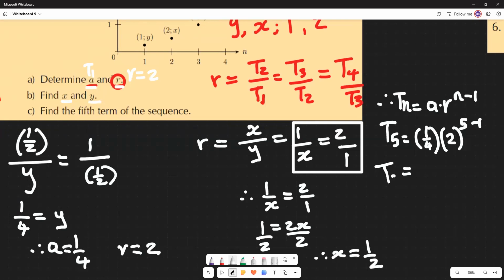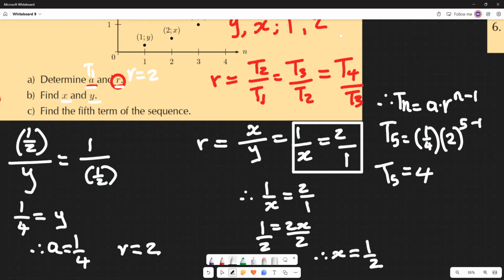Then the fifth term will be, in a calculator, 1 over 4 multiplied by 2 to the power 5 minus 1, which is 4. So 2 to the power 4 gives you 16, and times a quarter, the fifth term is 4.